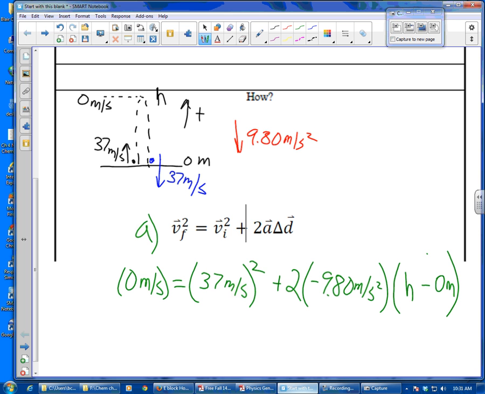Remember, delta means change, and D means position. So I can either look at this and say, well, I went this far, which I could call H. Or if I want to be more mathematically technical about it, it's where I end up minus where I started. And final minus initial, that's actually on our equation sheet. So I end up at H, right, at the top. And I start at 0. So it's H minus 0. Or just H, because H minus 0 is H.